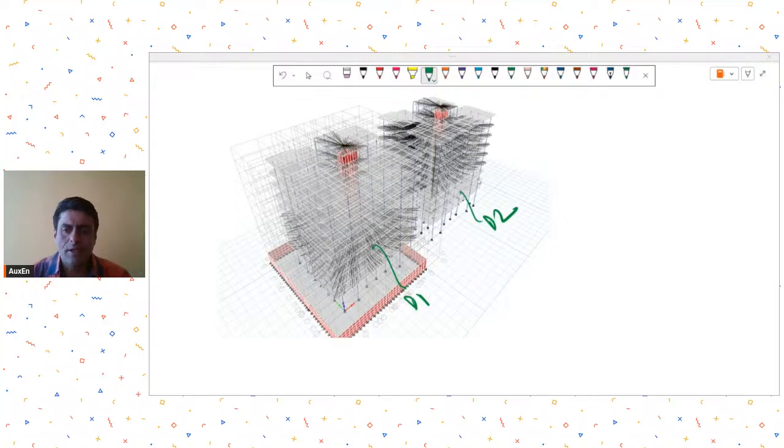Now what you can do is go to load patterns in ETABS, go to user loads, and once you go to user loads, you will see those diaphragm options available with the nomenclature also.